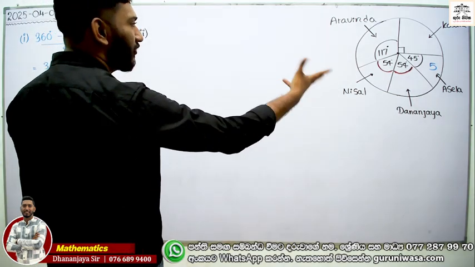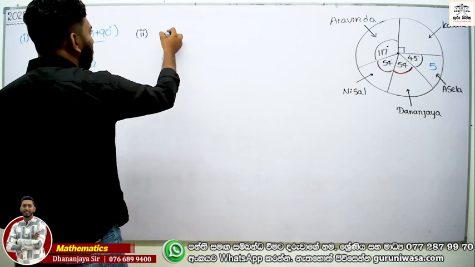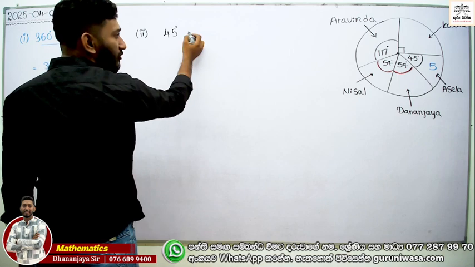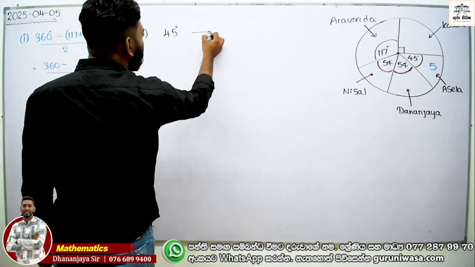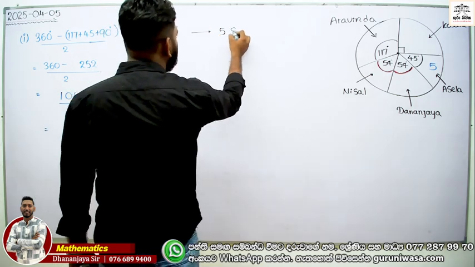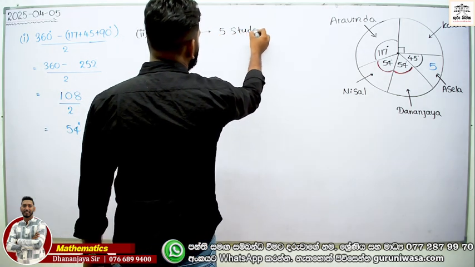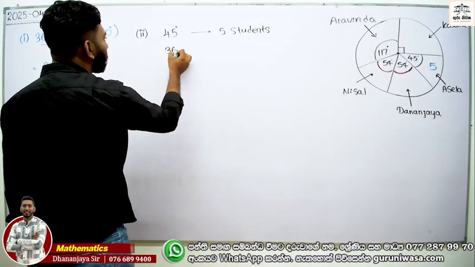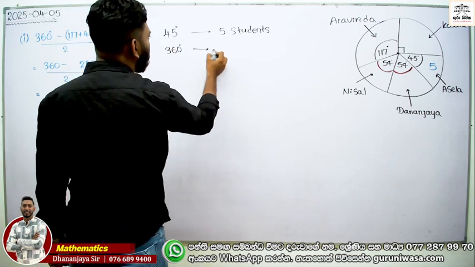This is relevant to direct proportions. 45 degrees represent 5 students. Therefore 360 degrees represent the total students.